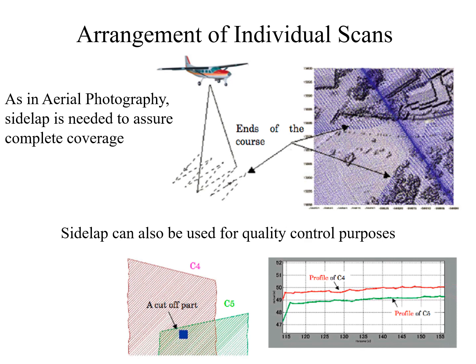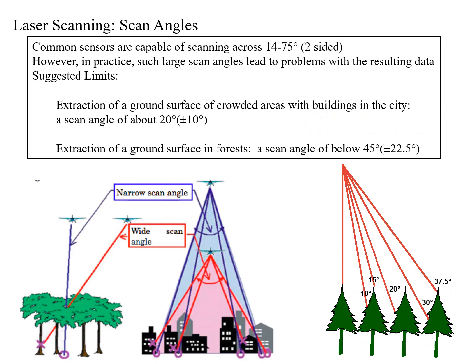One important factor when looking at LiDAR is to check out what scan angles they use. So common sensors are capable of scanning across 14 to 75 degrees. Now that's two-sided. That is plus or minus 7 degrees and plus or minus 37.5 degrees. In practice, that kind of large scan angle leads to problems with the resulting data.